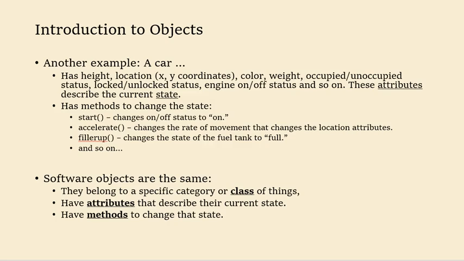Fill her up, that changes the state of the fuel tank to full, so that the attribute that describes how much gas is in the car would go from, I don't know, empty to full, and so on. So, again, think of software objects the same way. They belong to a class of things, attributes to describe them, and methods that change their attributes.